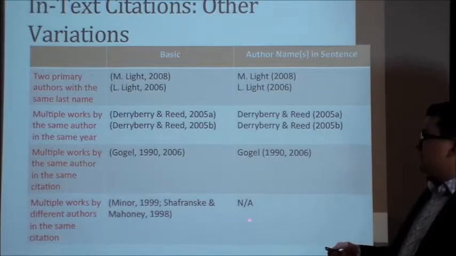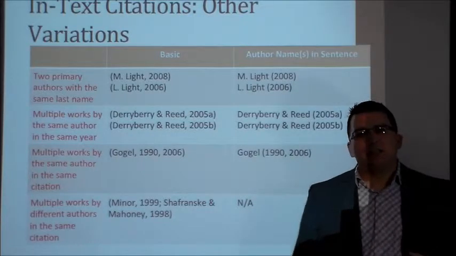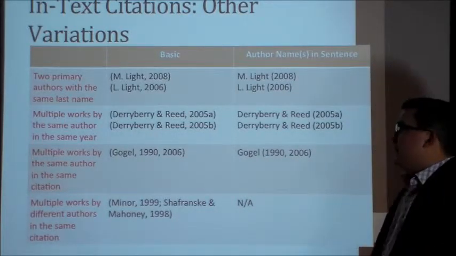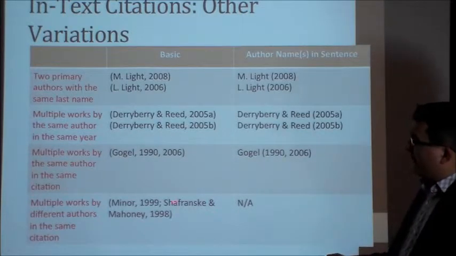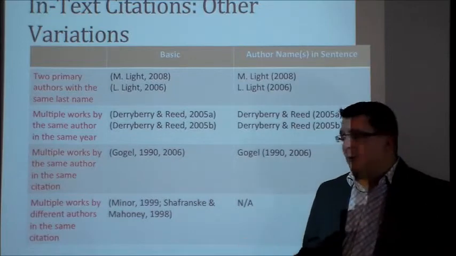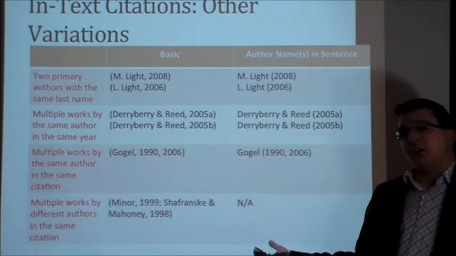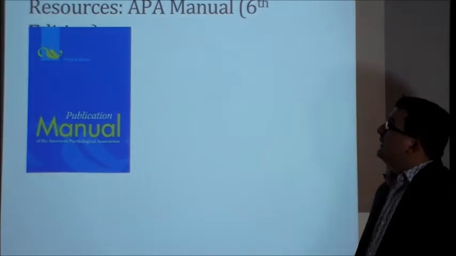For the in-sentence route, there is no denoted APA way to do it. You would have to plop it at the end and do the basic one there. So again, very rare ones right here. You may use them, you may come upon it, who knows, but you have the information right here in a handy dandy tool for you to look it up when you do have that situation.